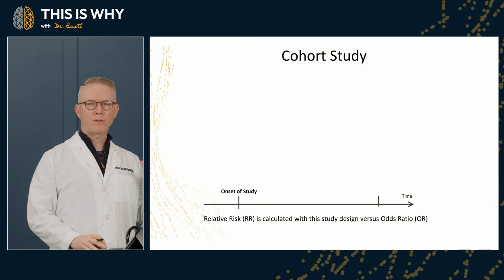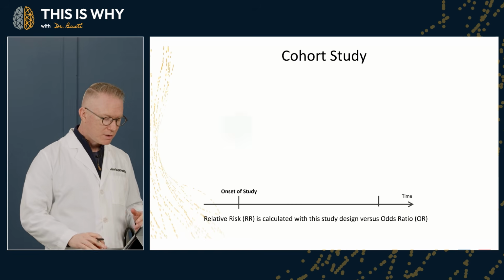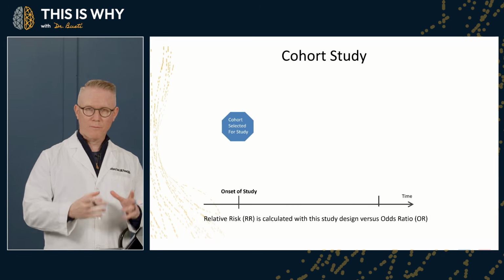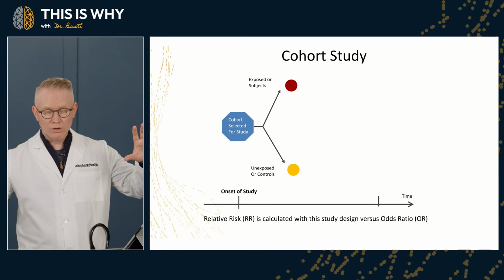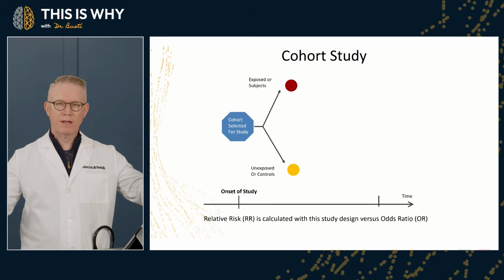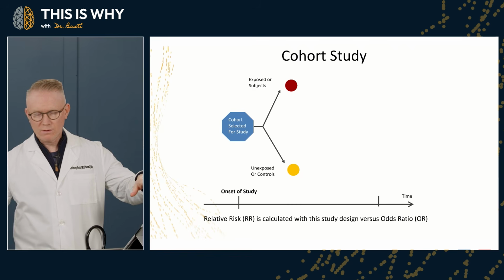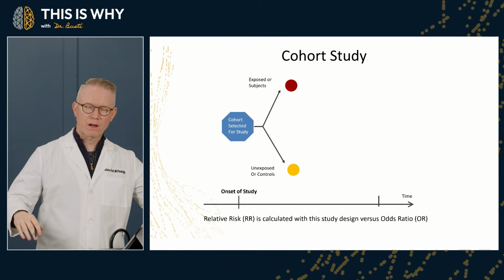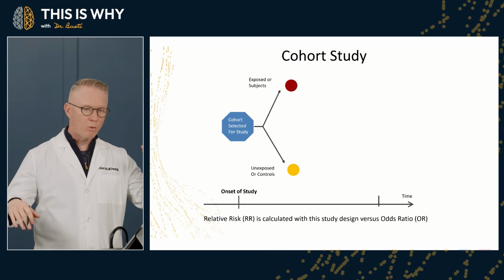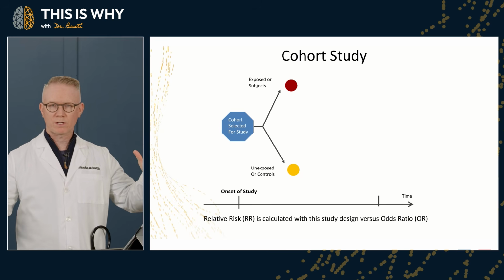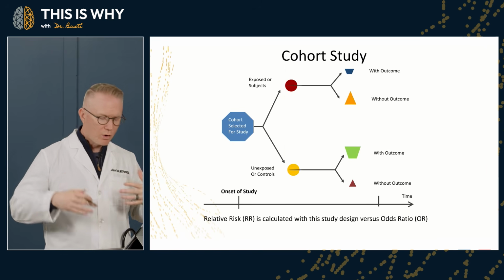So let's now talk about the cohort study. Just think of it as almost backwards, right? You start out with a cohort of patients, and then you push them into those that were exposed to something: smoking, right? Eating red meat, living in some geographic area, working in some type of environment of exposure, war, maybe some chemicals that you were exposed to, and then you follow these individuals forward in time.